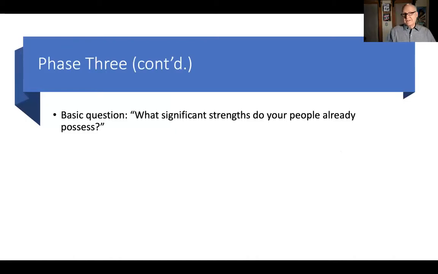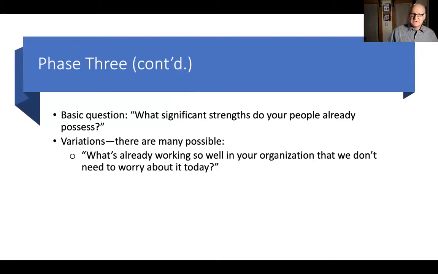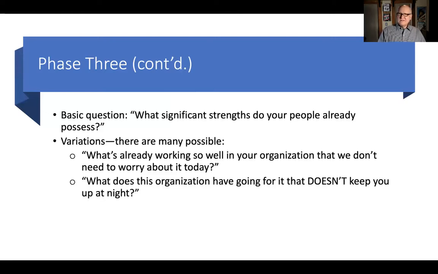So phase number 3 continued. The basic question you're asking is, what significant strengths do your people already possess? And there are variations on that. There are lots of possibilities. What's already working so well in your organization that we don't need to worry about it today? That's another way of saying the same thing. What does this organization have going for it that does not keep you up at night?